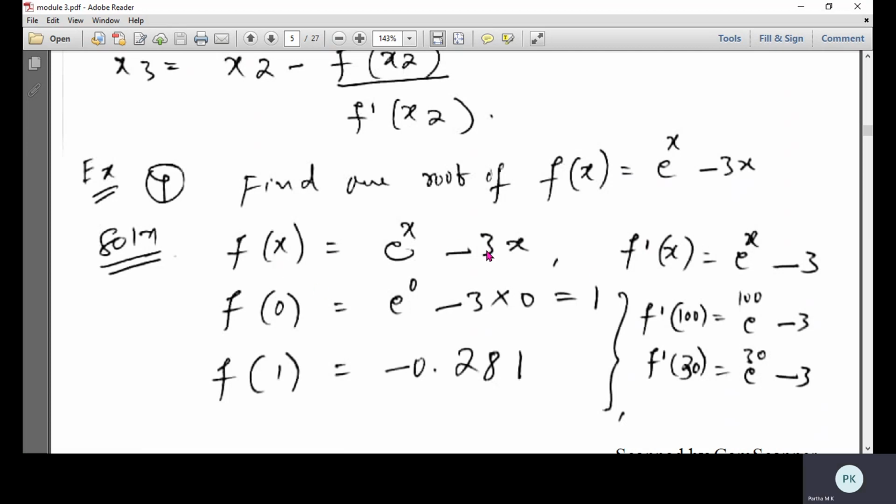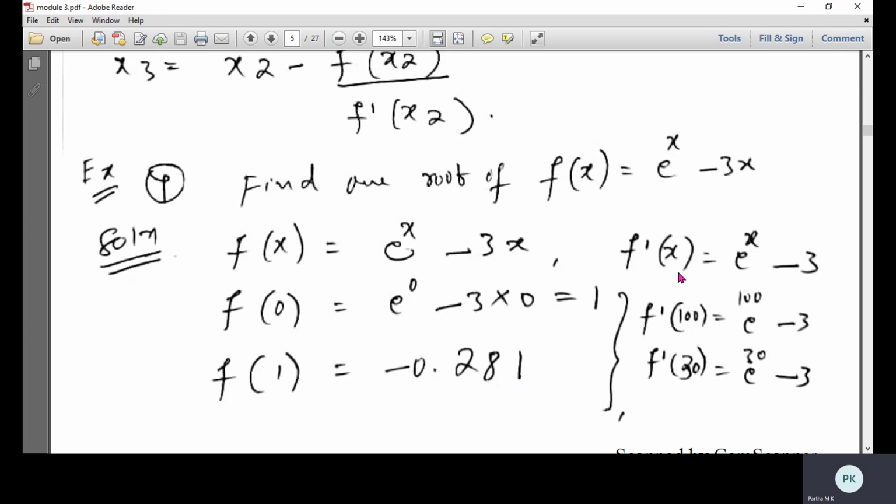Now this is the given problem. Put x is equal to 0. E to the power 0 minus 3 into 0. What is that? 1. Put x is equal to 1. You can choose any number you like. If I put x is equal to 1, you will get this much, minus 0.281.